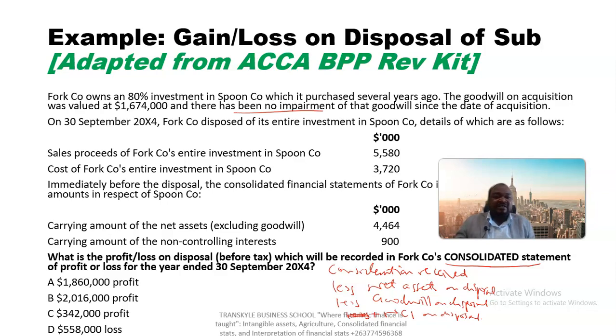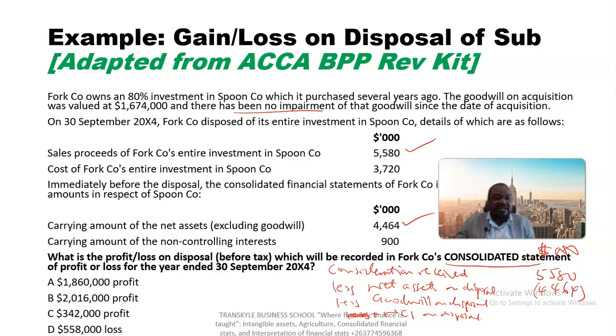So how much was received? The proceeds were 5580. Remember, you need to tell the examiners that your figures are in thousands. Then less the net assets on disposal. The net assets on disposal were 4464.